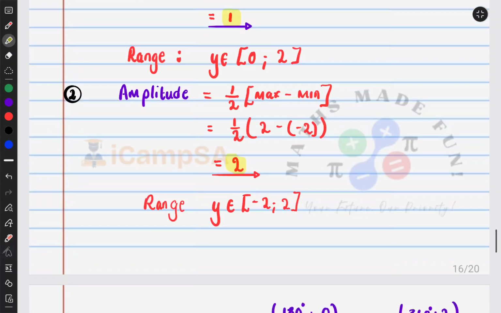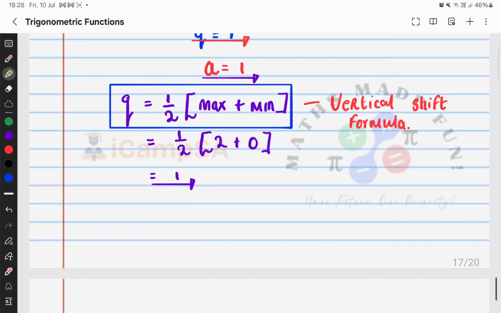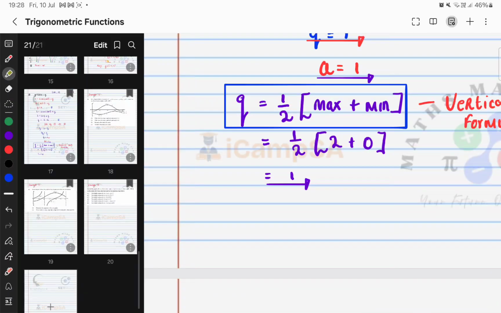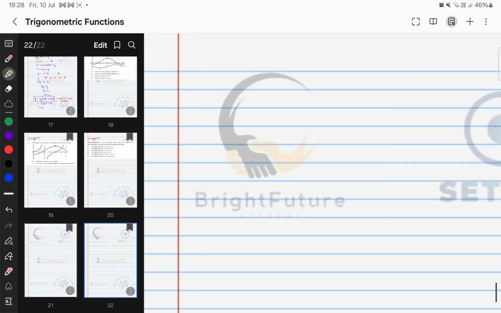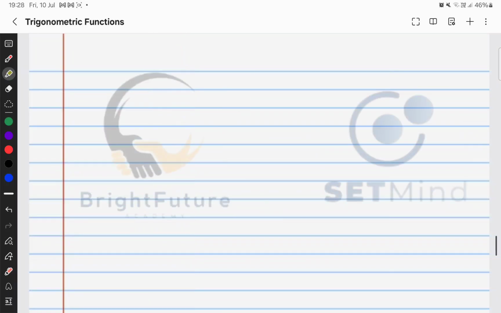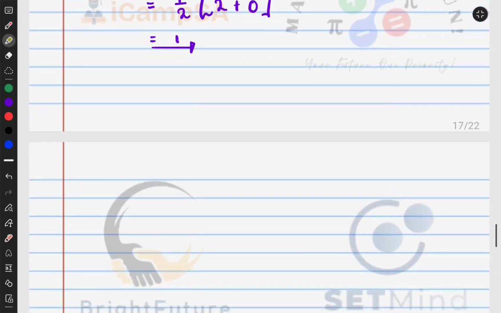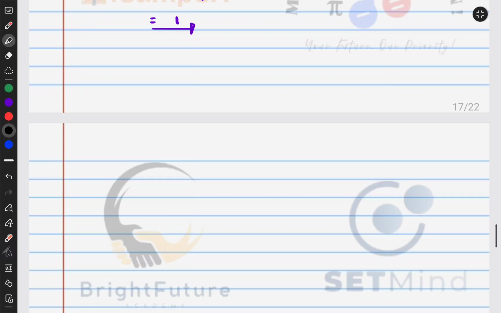You can just read these values from the graph.